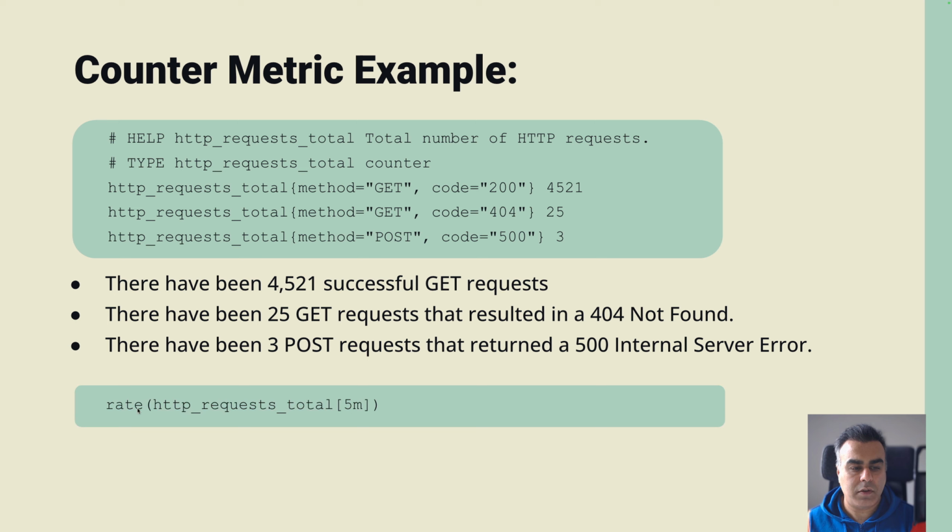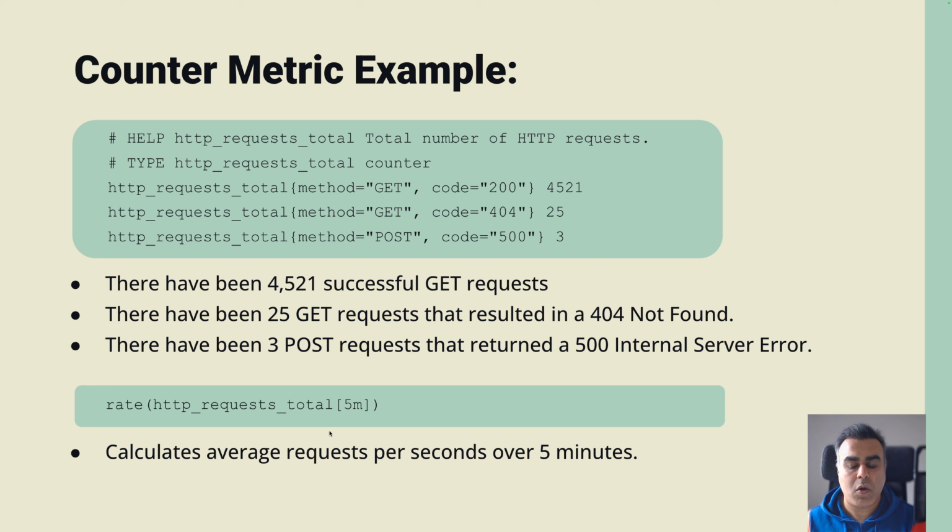For instance, the rate function will get the name of the metric, and there is also a syntax that we can use to define the time frame over which the rate is calculated. So overall, this function will result in the average requests per second over 5 minutes.